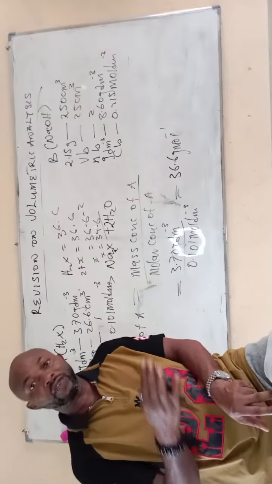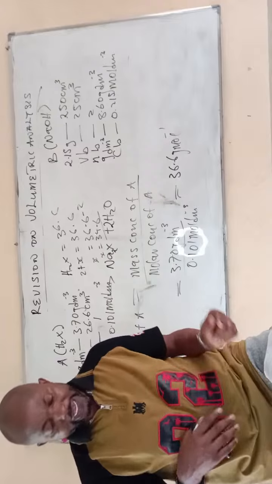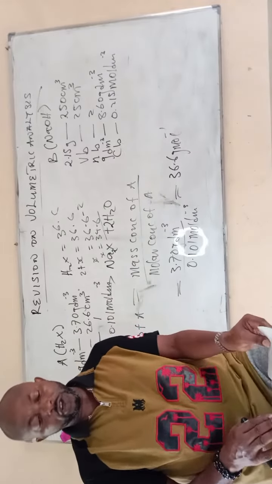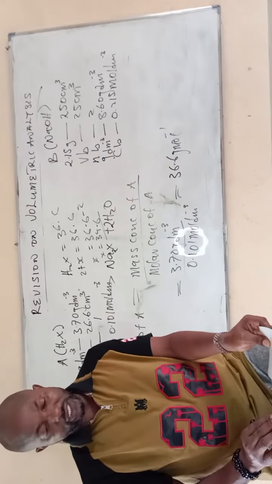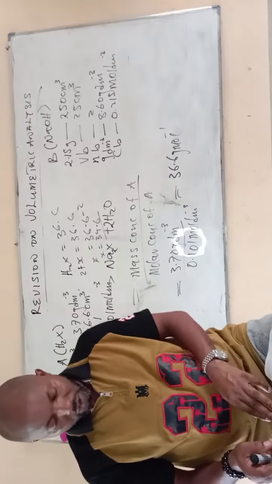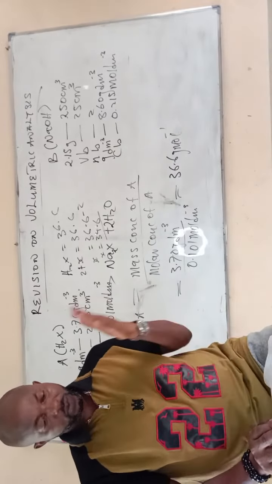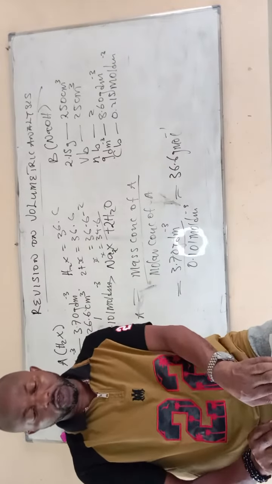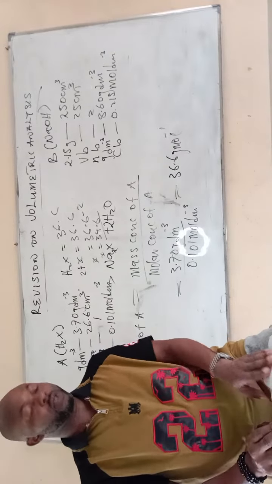So the mass concentration of the acid and that of the base have been given. Now when we put A into the burette and titrate it against B, the end point of the reaction is gotten to be 25 cm³. The volume of the acid is also 25 cm³. From that information, we should calculate the concentration of A in mole per dm³, the concentration of B in mole per dm³, and the molar mass of X2CO3.